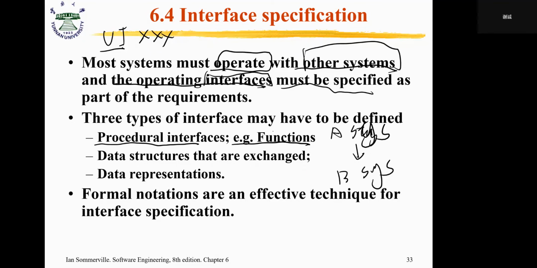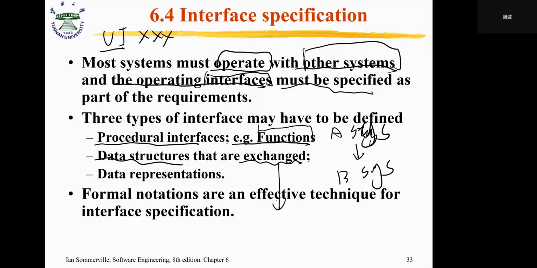They will do so according to a function. So you will define a function interface. And maybe sometimes they will not invoke a function. They only need to transfer data from A system to B system. Then you will define the data structure for exchange.